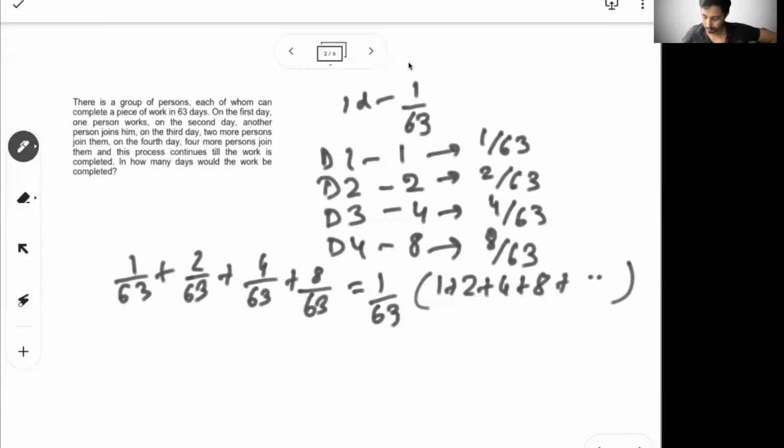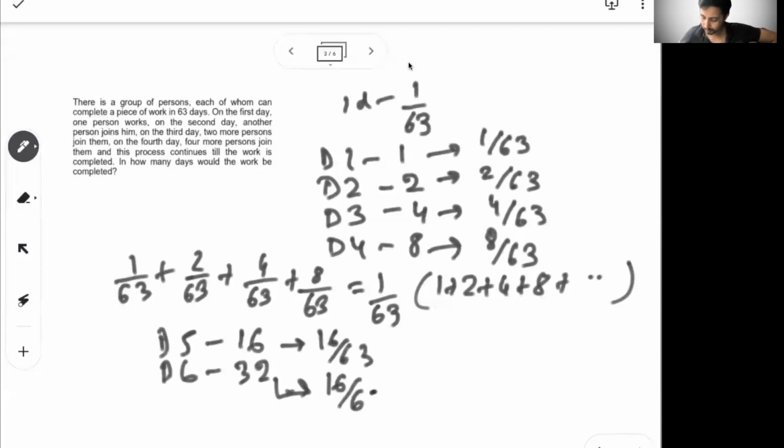So on day 5, there will be 16 persons, and in day 6, there will be 32 persons. 16 means 16 by 63, and 32 means 32 by 63.